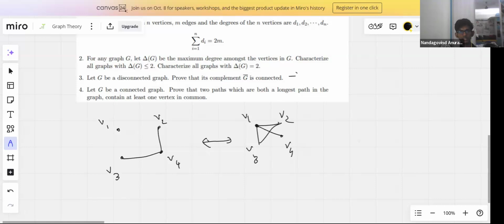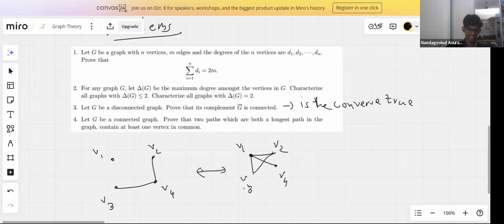Is the converse true? If you're done with all four, or you've seen them before, is the converse of three true? That is, if the complement G prime is connected, does it mean that G has to be a disconnected graph?